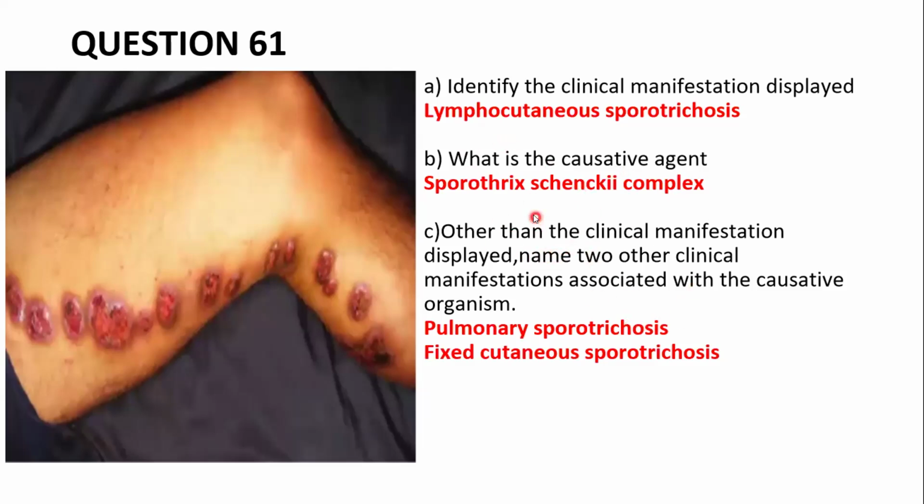We treat this with itraconazole. That is usually the mode of treatment, itraconazole. In fact, I think this is the only drug that we use, because we rarely mention itraconazole. It is just for Sporothrix schenckii. Hope that's clear.